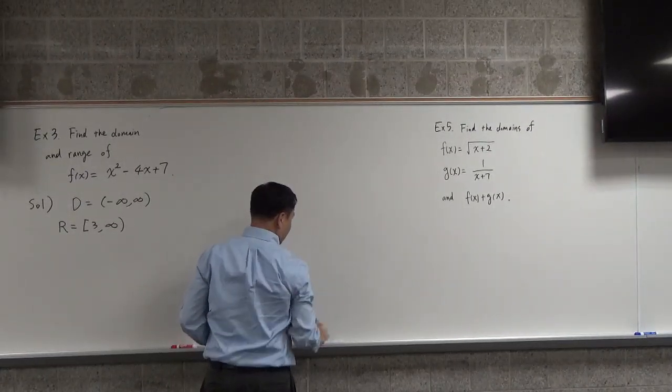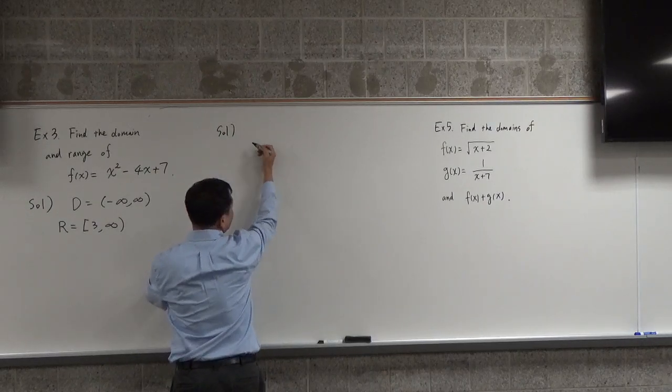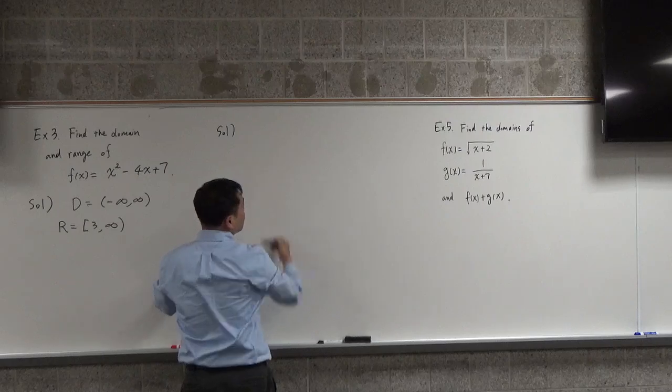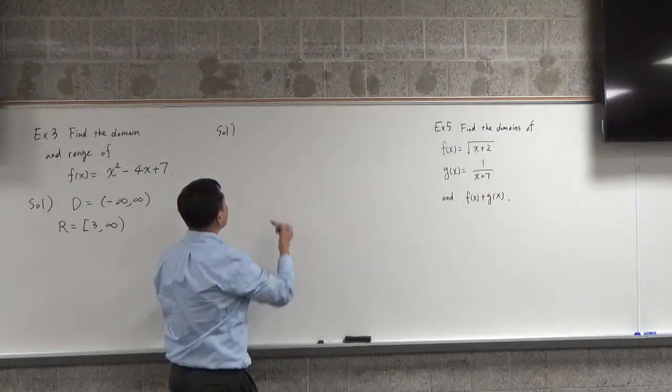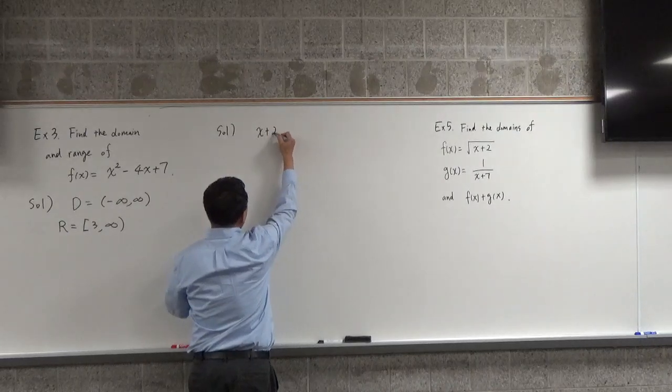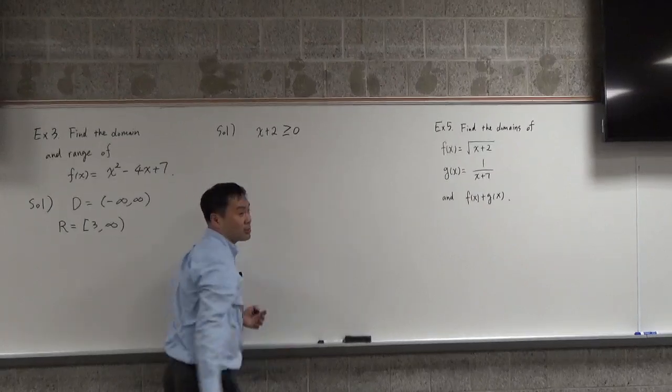First, f of x. What's not allowed? X plus 2 being a negative value, right? So x plus 2 has to be what? 0 or positive. It can't be negative.